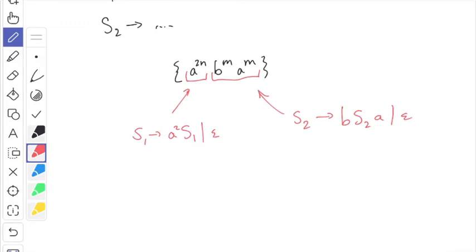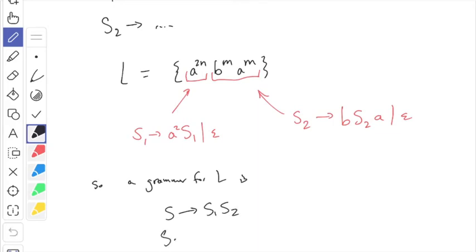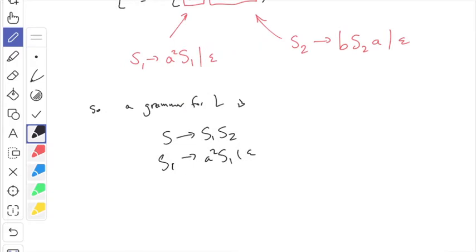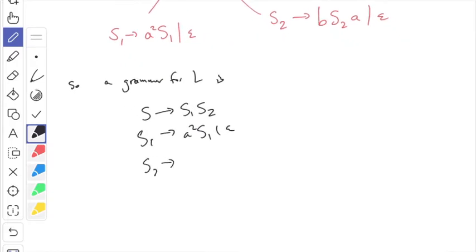Excellent. So our final answer then, the overall grammar for this, let's call this language L. So a grammar for L is S goes to S1 S2, and then S1 goes to a squared S1 or epsilon, and S2 goes to b S2 a or epsilon. There you go.